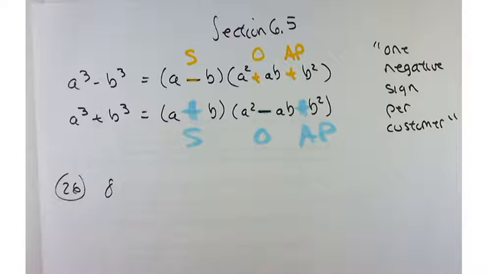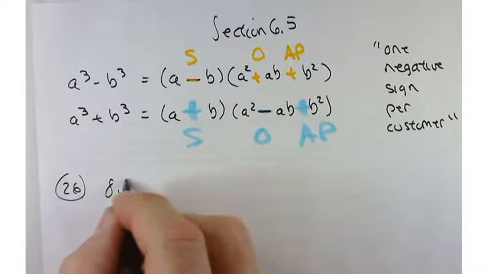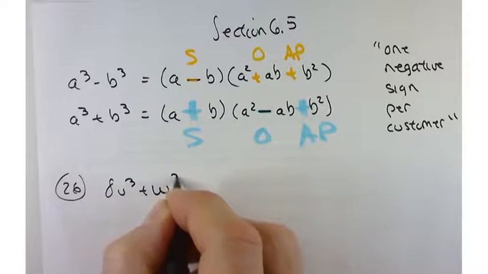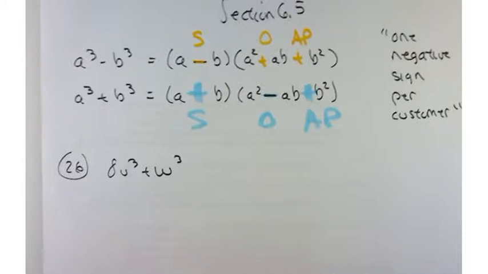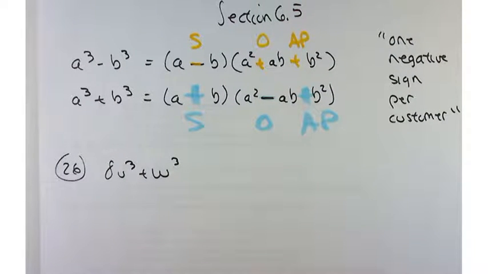Eight u squared, or excuse me, 8u cubed plus w cubed. When you're faced with these kinds of things, in fact, when you have to look at any factorization, you should always look for the GCF. Well, there isn't one here, so move on to something else.